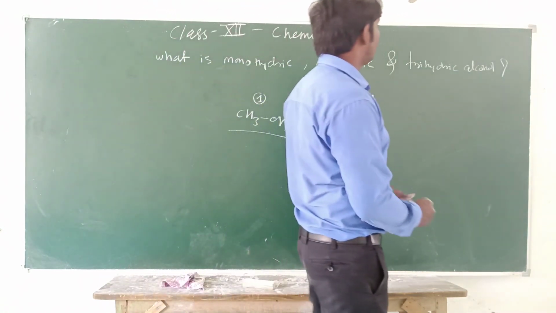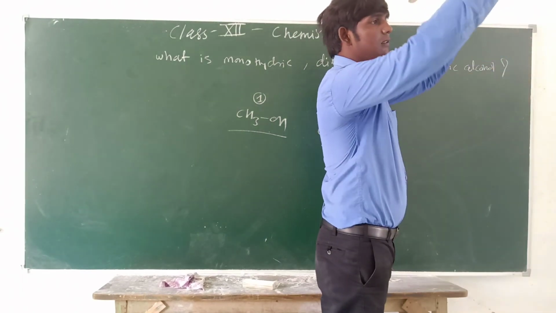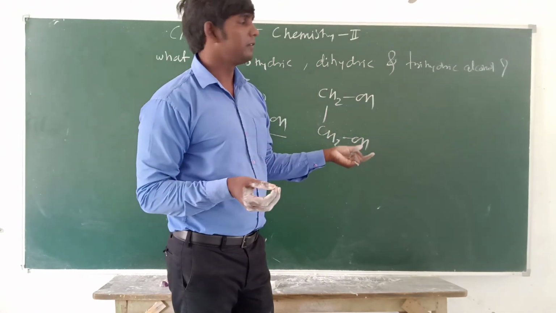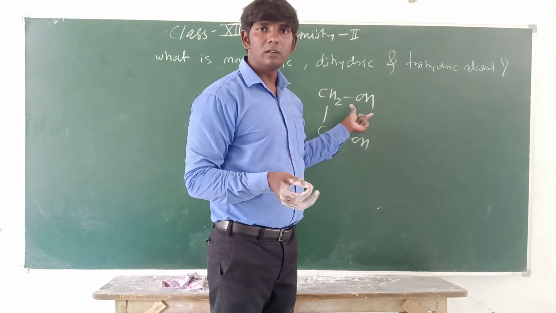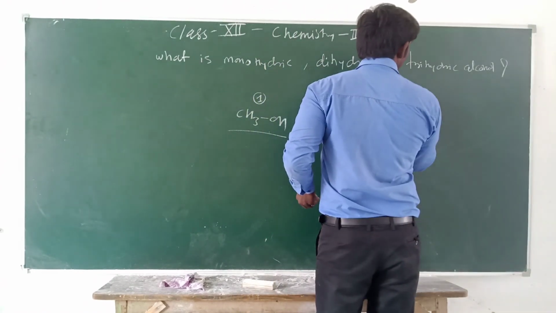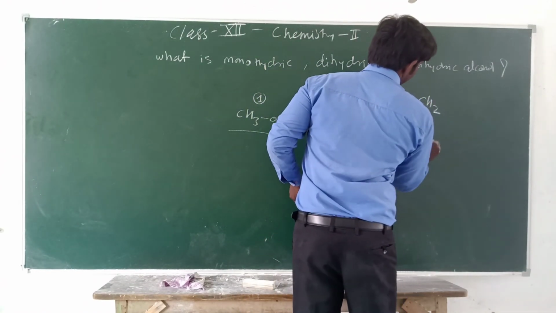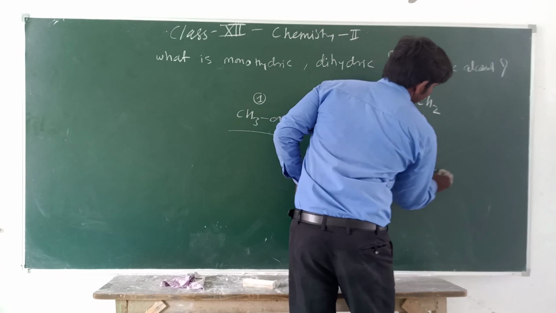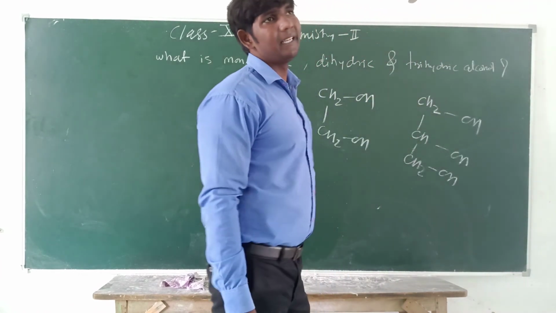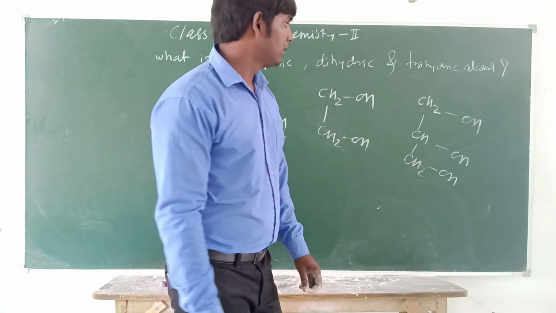Okay, now what are trihydric alcohols? In a trihydric alcohol, in a similar manner, there are 3 hydroxyl groups. A compound which has 3 hydroxyl groups is called a trihydric alcohol.